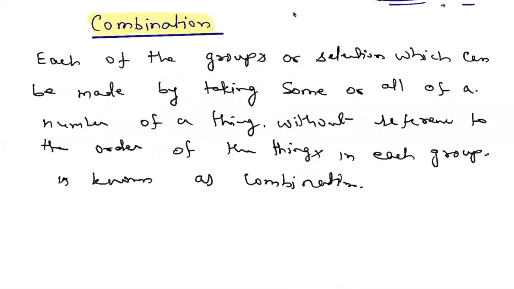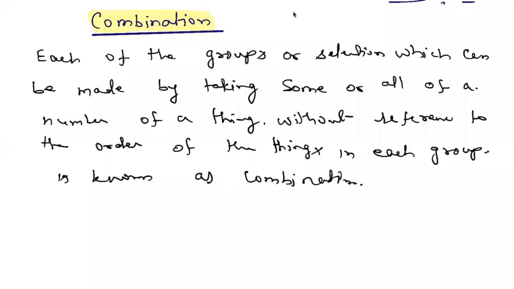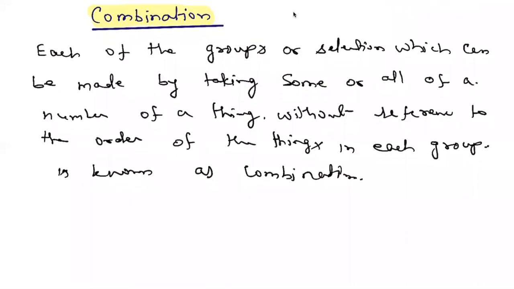Each of the groups or selections which can be made by taking some or all of a number of things without reference to the order of the things in each group is known as combination.